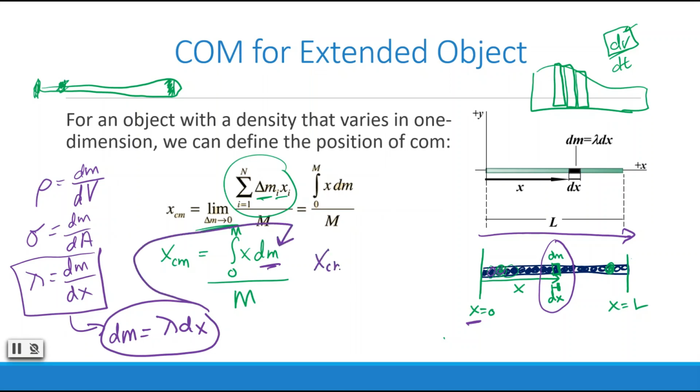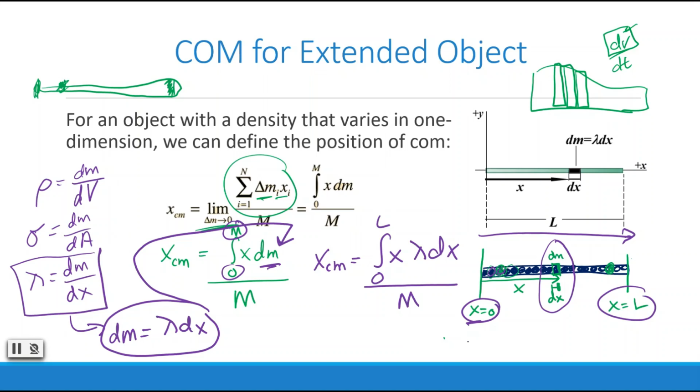And I get that the position of my center of mass is going to be the integral of x lambda dx. And then instead of integrating from 0 to m, I'm going to integrate from 0 to L. And then divide that by my total mass. And then if this rod is uniform, then lambda also equals mass over length.